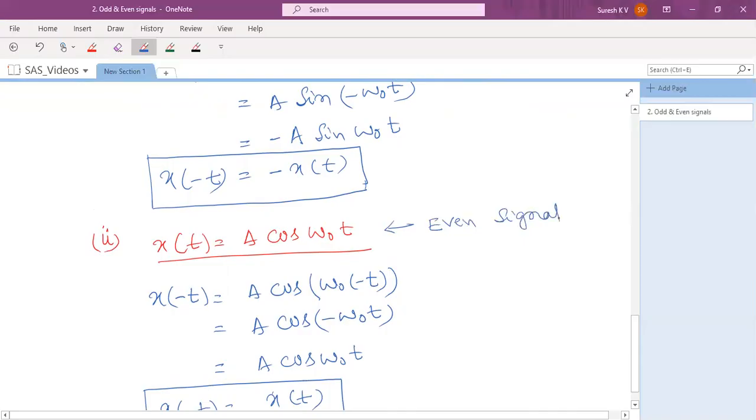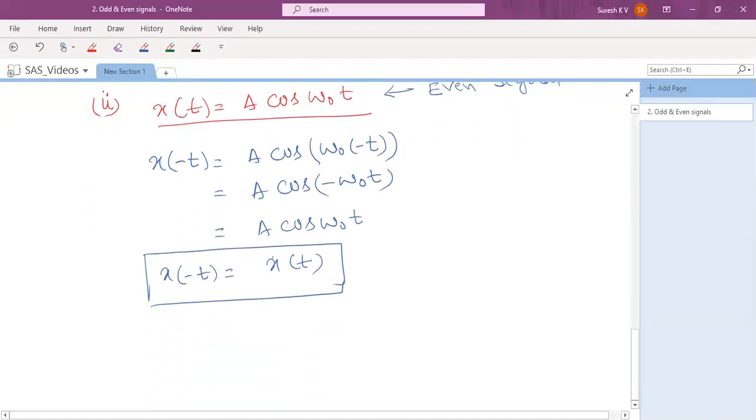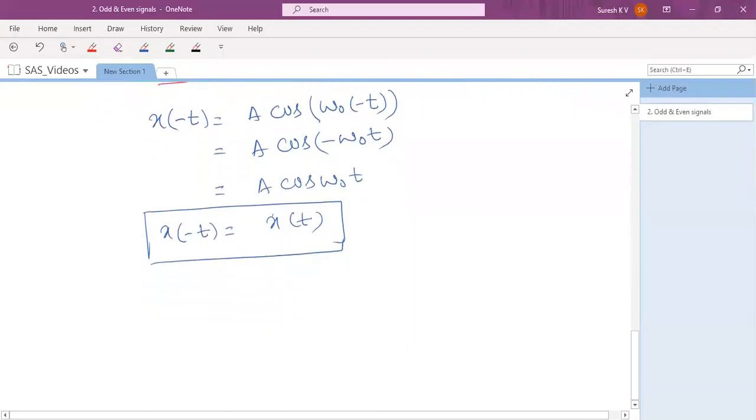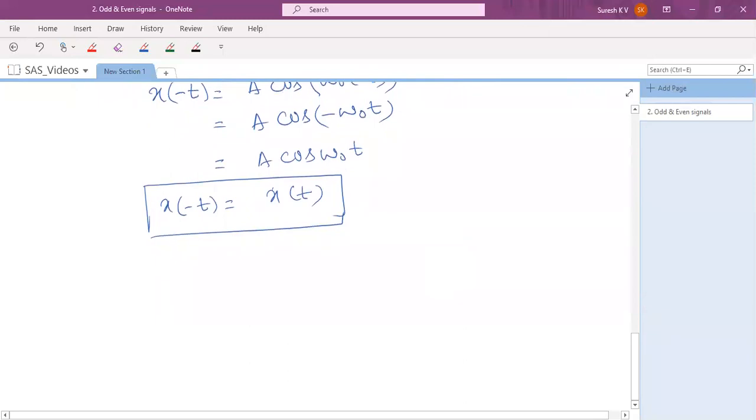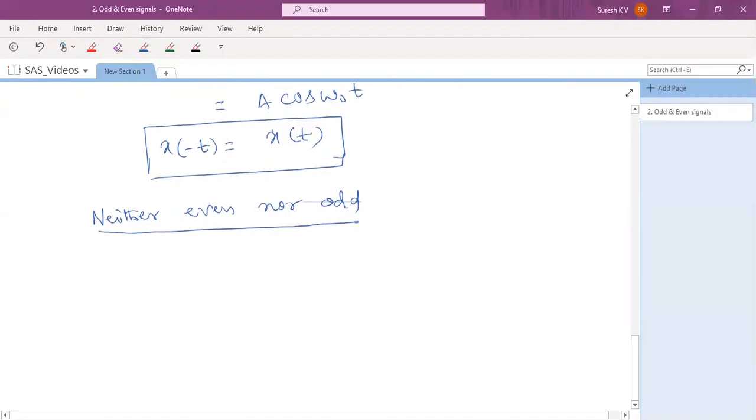So like this, any given signal, you can expect the signal to be either odd or even, or you can classify it. But that doesn't mean that any given signal belongs to either of these two. There can be a third class of signal which is neither even nor odd. There can be a signal which can neither be classified as an even signal nor as an odd signal.